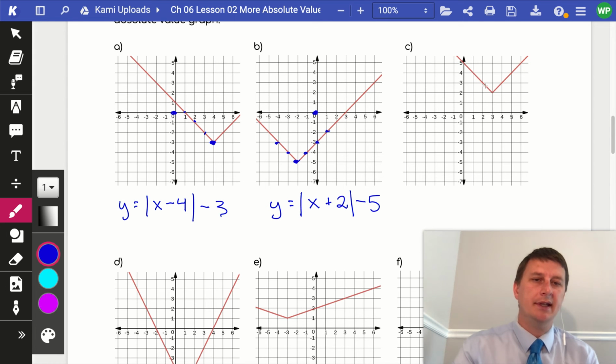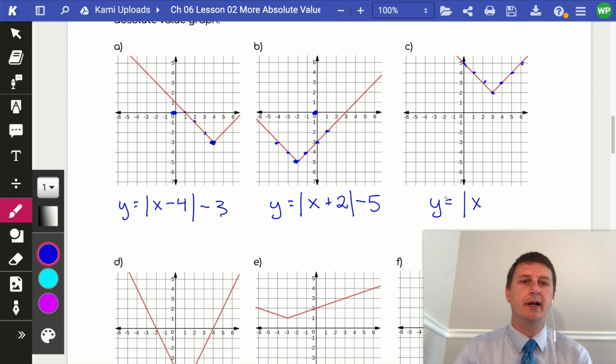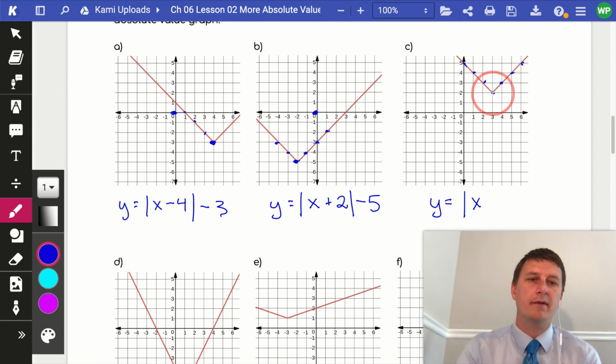Taking a look at part C, again, the first thing we want to check is our slope. So we're going up 1 over 1 on each of these. That's fine. We have a slope of 1, so it's just going to be y equals the absolute value of x, nothing being multiplied. And now we want to look at how our vertex has been shifted from the origin. In this case, we have to go right to get to our vertex. How many units? 1, 2, 3 units right.